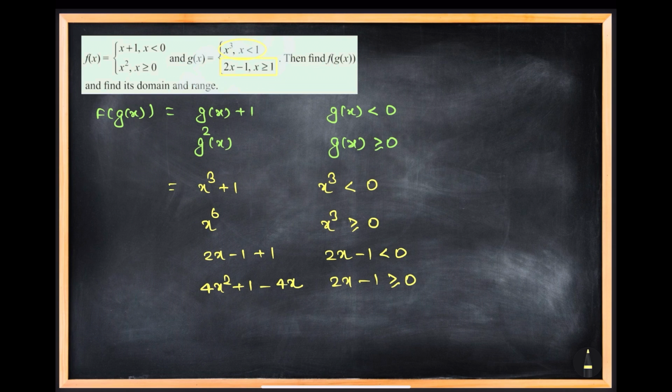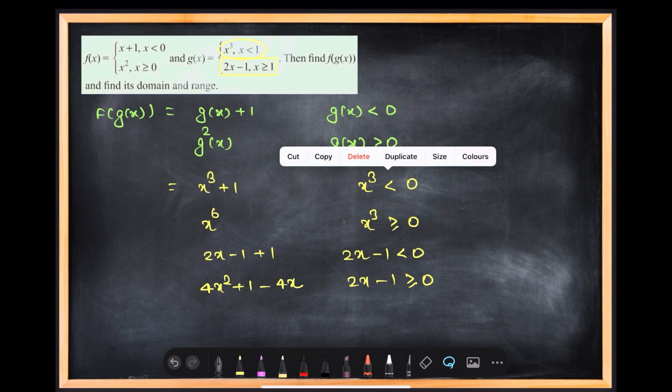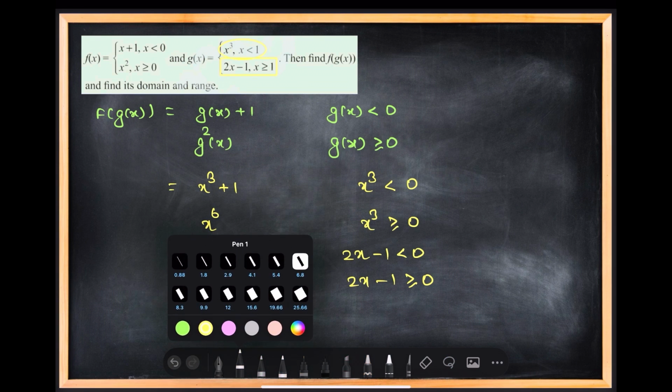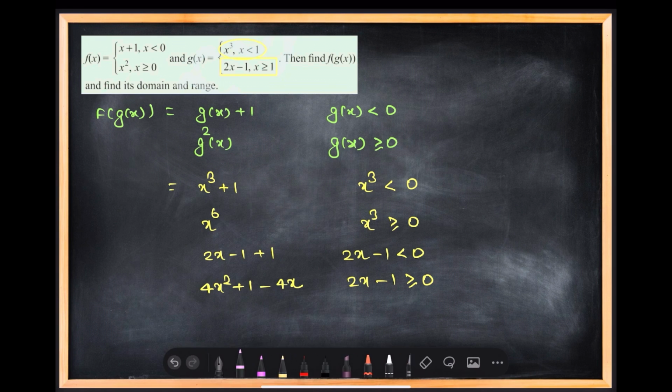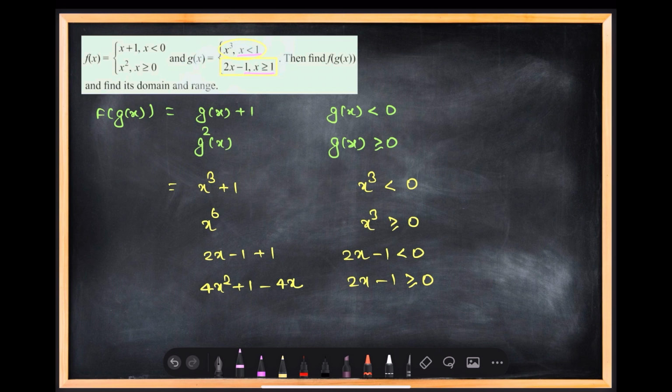So till this part I feel that you guys are totally fine. Okay, now look at this, how I will proceed. Now you will be placing these values of x, because here you should write x, not x cube or something like that, 2x minus 1. Okay, so you have to respond with x.